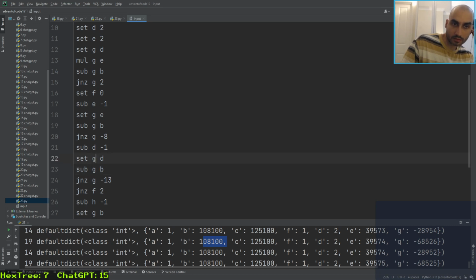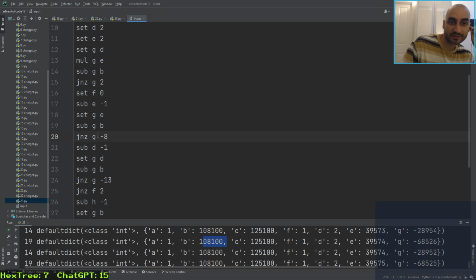Okay. Which translates to meaning d equals b, because we've set g to be d. So d equals b. D. So d equals b minus 1. I can't. I don't know.